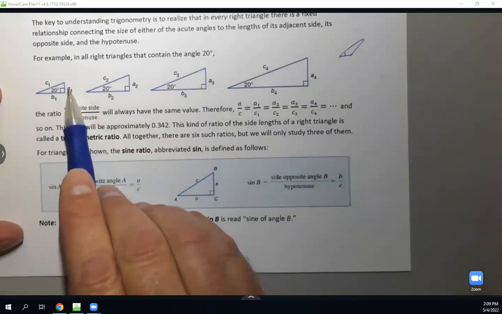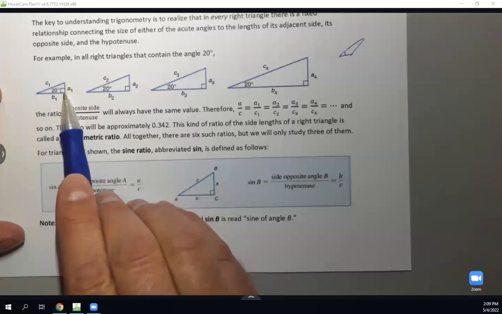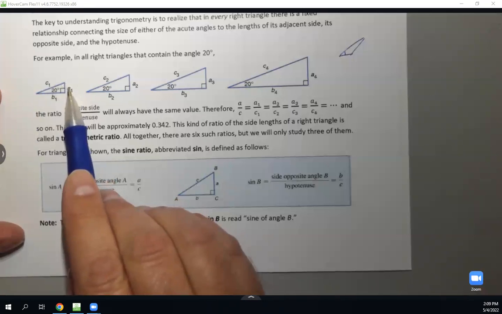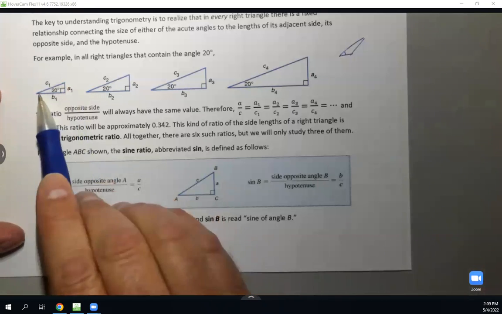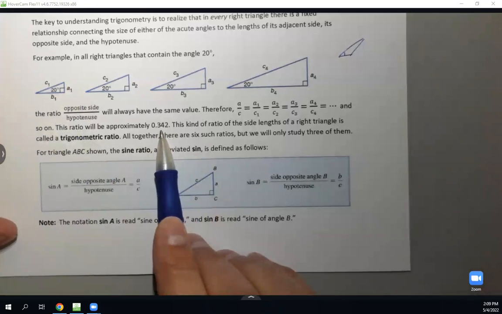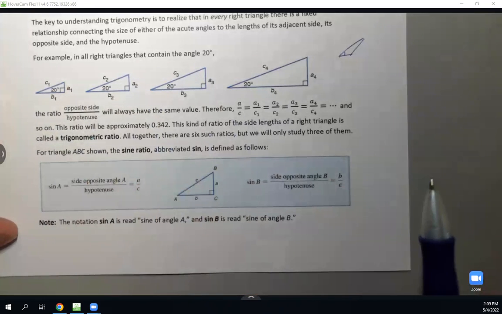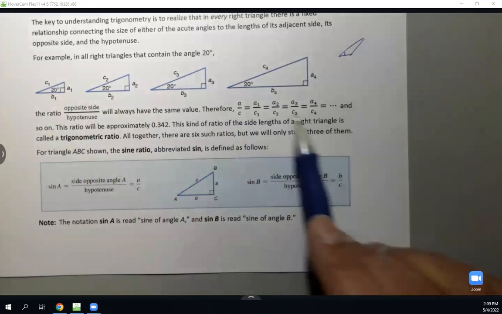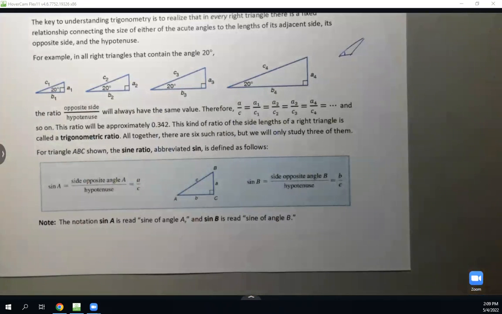So if I took out my ruler and measured this side and the hypotenuse, and divided the opposite by the hypotenuse, I would get about 0.342 on all four of these triangles. And I would for any other right triangle that has a 20-degree acute angle here. Does that make sense? That's the key to trig. Knowing those ratios is the key to trigonometry.